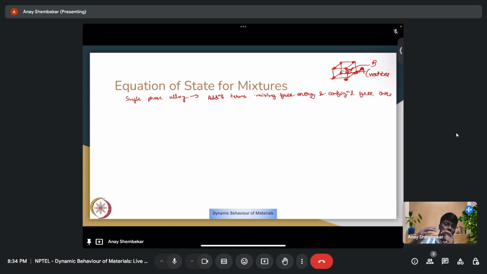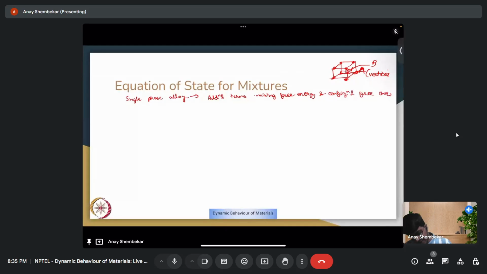And if it's homogeneous both macroscopically as well as microscopically, you will also have the configurational free energy based on how B atoms are placed, whether at the center of the cube or the face, something like that.